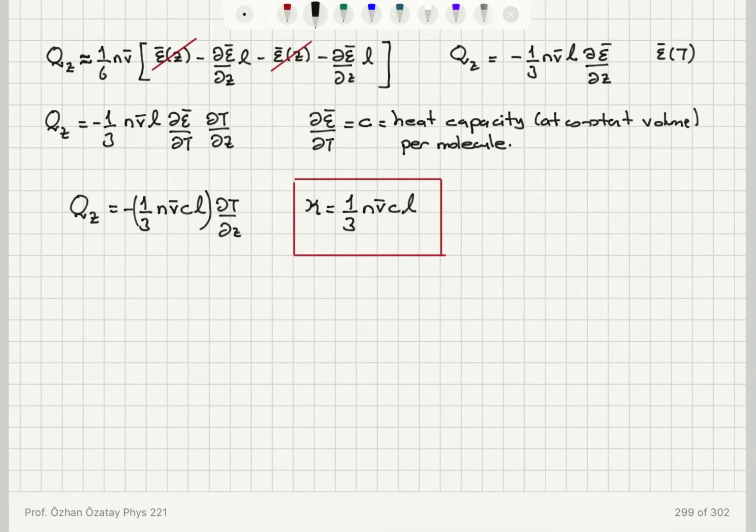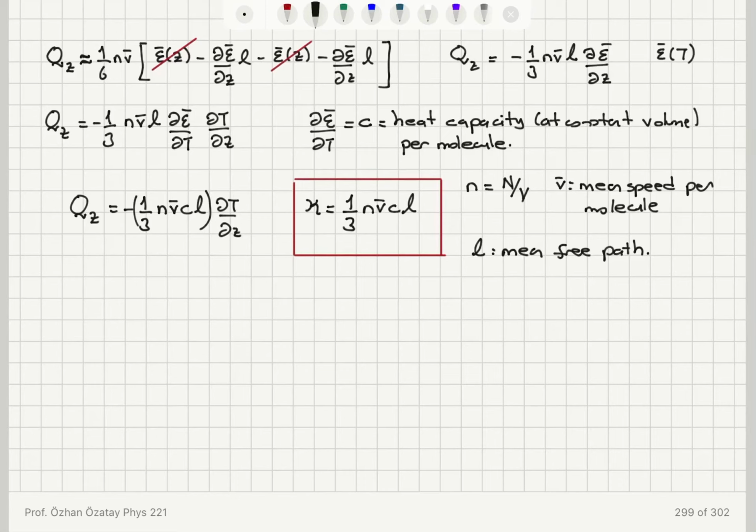Okay, so n is the number of molecules per volume, N over V. V bar is the mean speed per molecule. C is, as we have defined, the heat capacity at constant volume per molecule, and L is our mean free path.